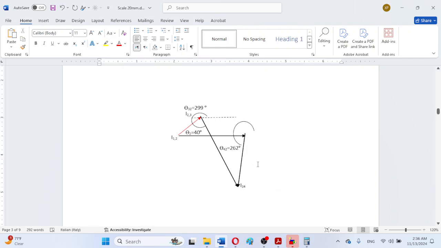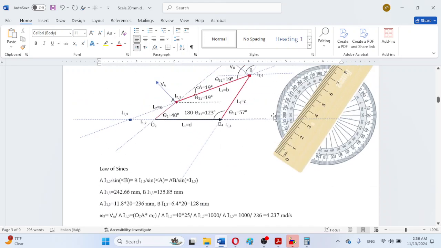Again in a similar manner, this instant center is I1,4. So in this way the angles have been calculated.